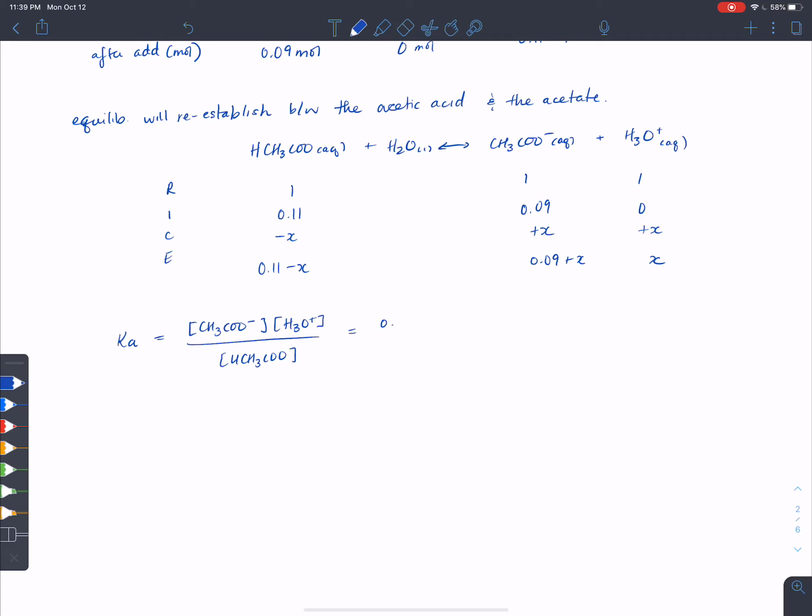And so I'm going to plug in the values that I know for acetate, for hydronium, and for acetic acid.